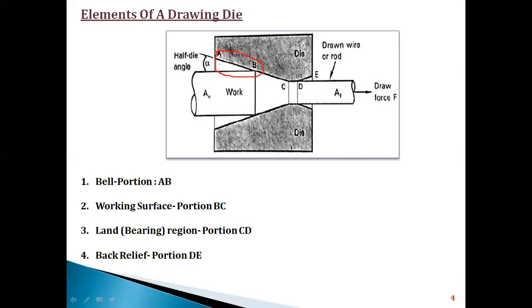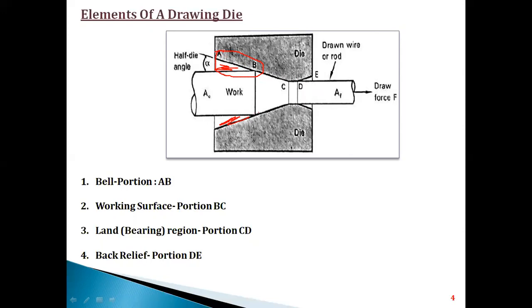You can see the space which is there here. When the work material passes through this die, it draws the lubricant along with it, so that the friction forces can be reduced to a greater extent.